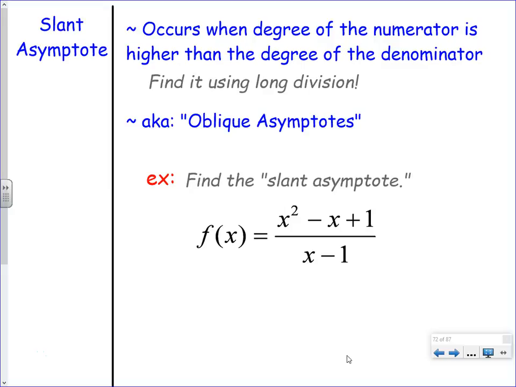After writing oblique, put that example on your calculator and check out the graph and be like, what on earth is a slanting asymptote? Then I'll show you how to get it.